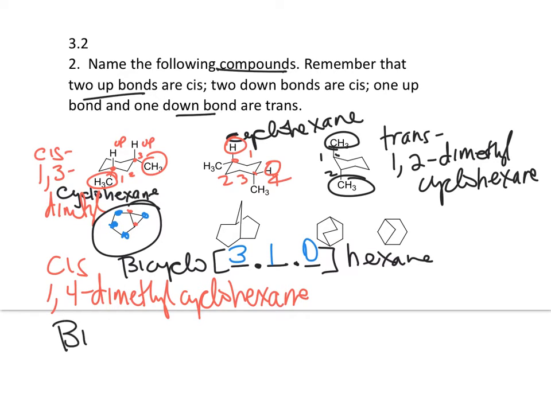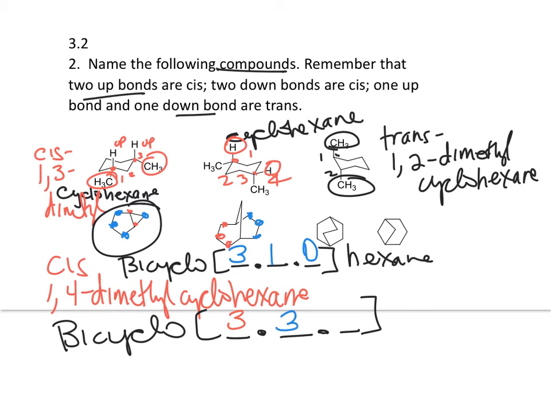Okay, let's go to the next one. You see that that's a bicyclo. We're going to do our brackets with our numbers, dot, number, and then the brackets. So let's look at our largest ring, which would be 1, 2, 3. So put a 3 there. The next one would be 1, 2, 3.